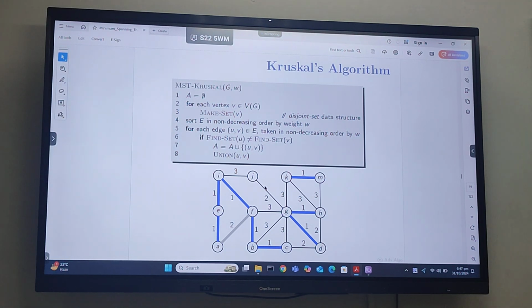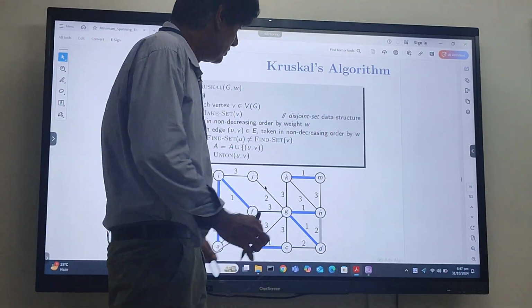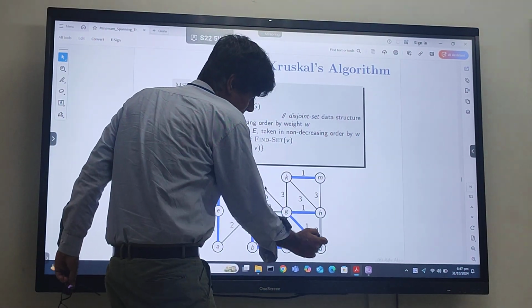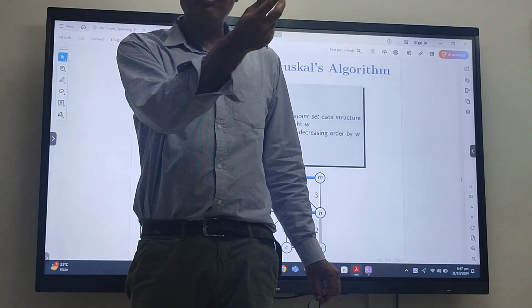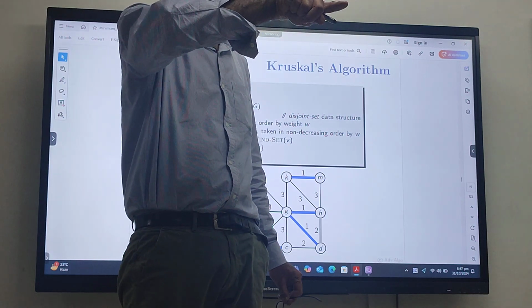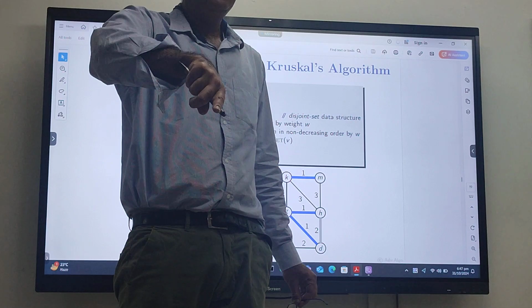So it will check, but then it will not include it. And then we go to the next one. This will also not be included because it's connecting two vertices that are already connected with each other through the blue lines.